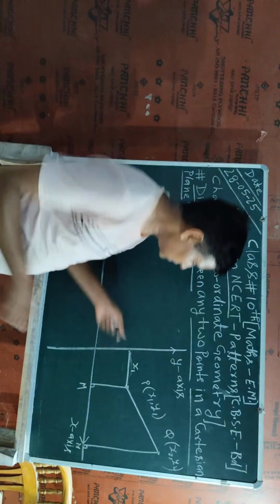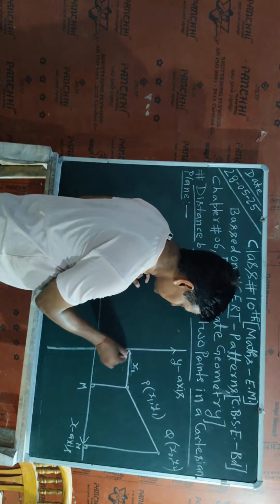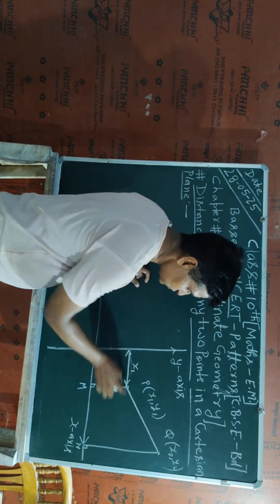So this length from here to this point will be x1.